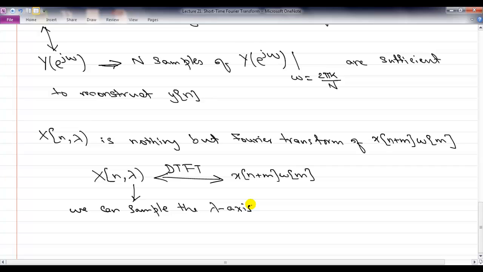Let's say we sample it at N points. So we can sample the lambda axis at, again, just 2πk over N. That is enough for me to know everything that I need to know about this sequence, provided what is true.